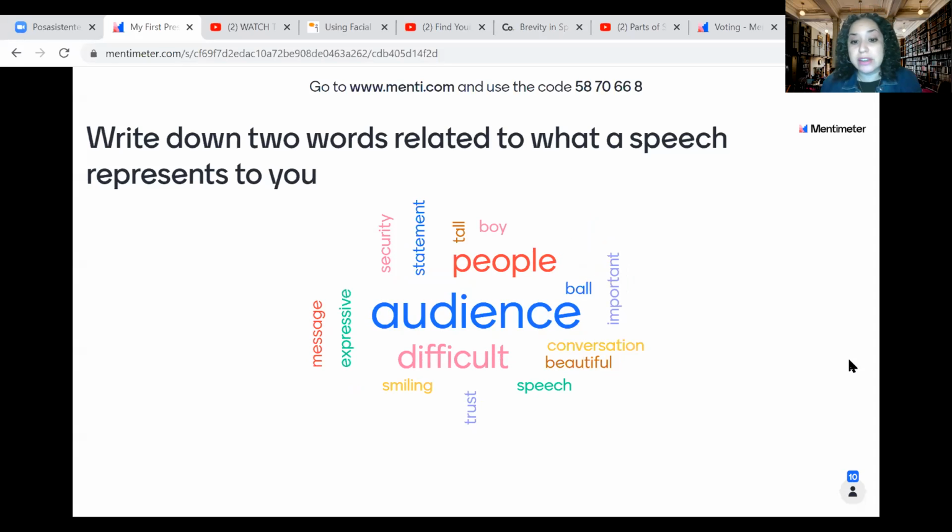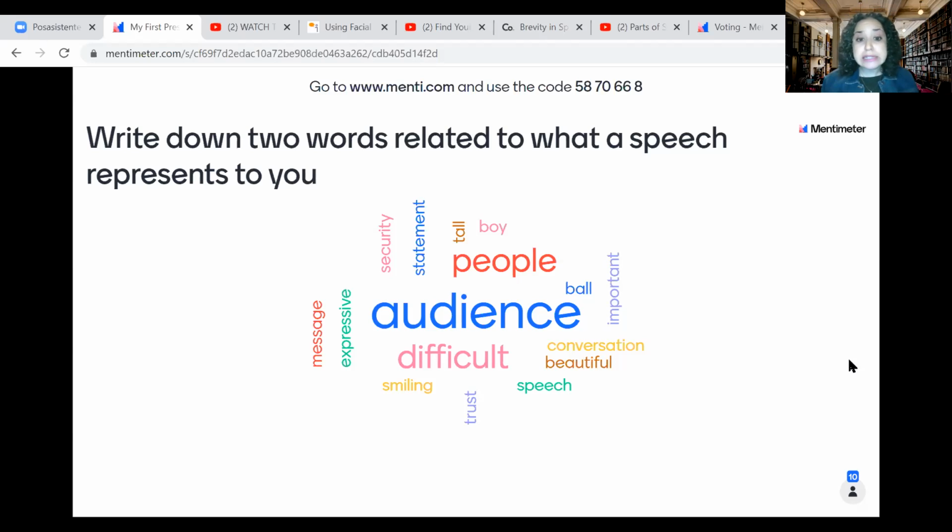Not having something negative is really good, because that means that we are on it. We are trying to learn more about it. So from the words in here, you can see that, yes, truly it represents a message. It's about expressing.